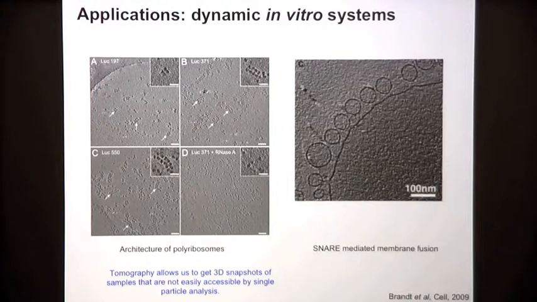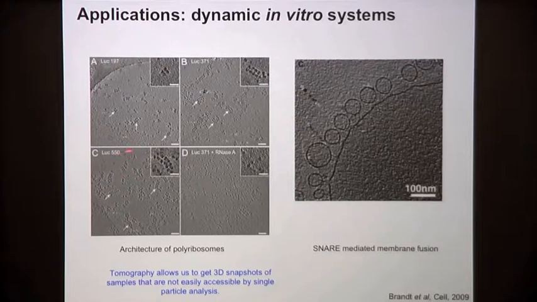Okay. This is great. To what can we apply tomography? Well, the answer is, if you can get your electron beam through your sample, you can acquire a tomogram. So tomography allows us to get high-resolution, three-dimensional snapshots of samples that are not easily accessible by single particle analysis.